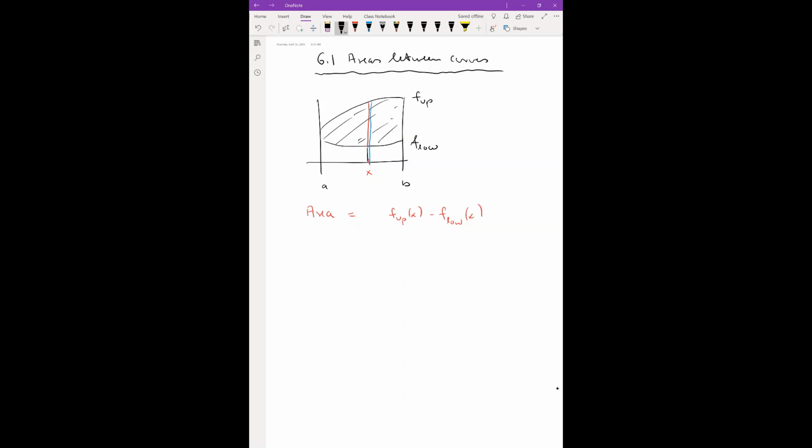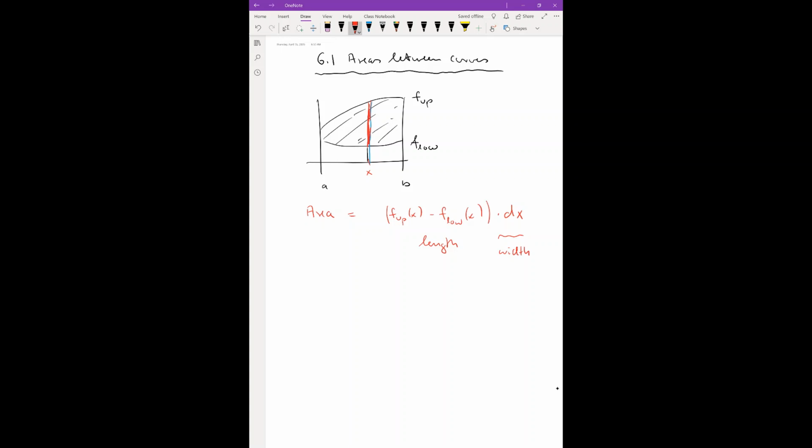And if I subtract these two, then I get the area of the red line. So this is the length of the rectangle. Now the width is a small increment in X direction. So what you have here, that is the area of the red rectangle.